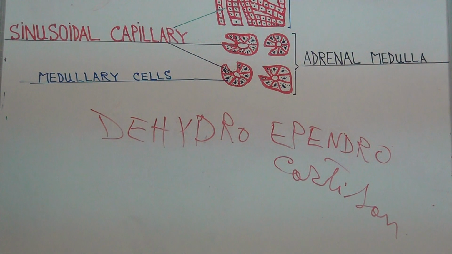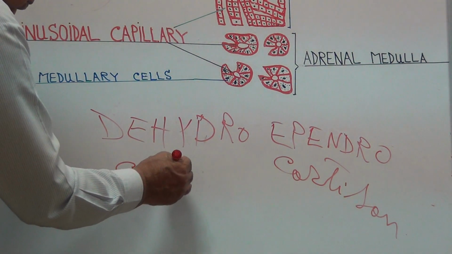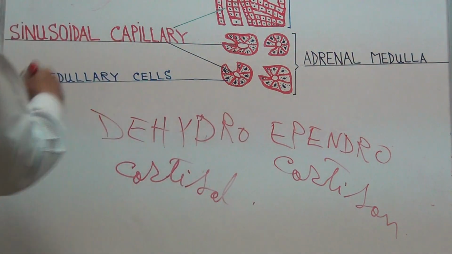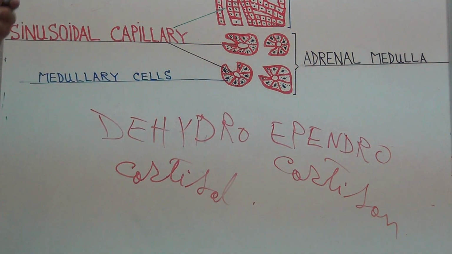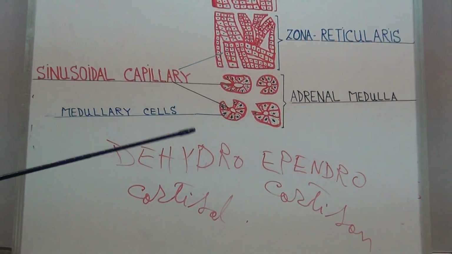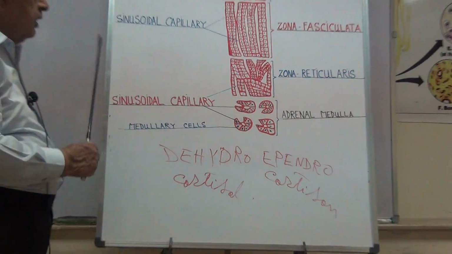And it also secretes a small amount of cortisol. So that is the secretion of the zona reticularis. This was about the cortex of the adrenal gland.